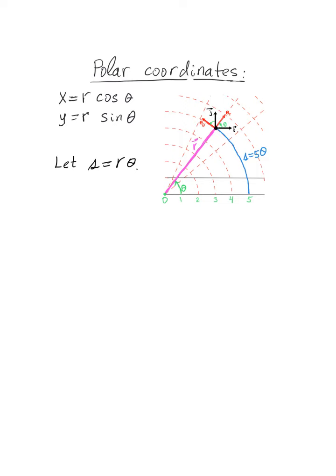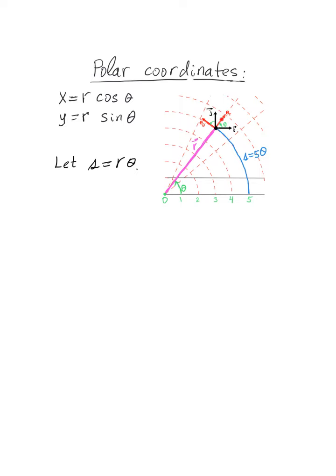So in addition to the Cartesian basis i, j, we will also consider unit vectors er and e theta.